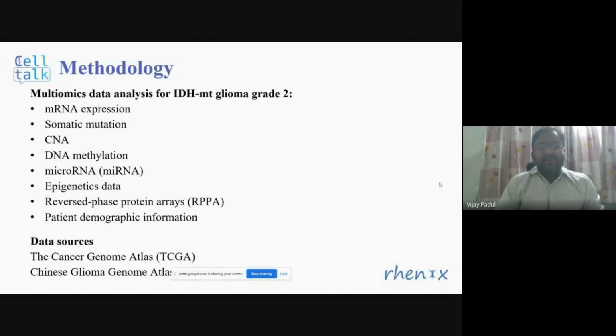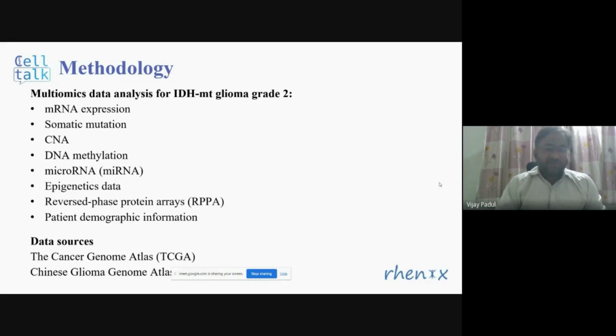Methodology. They performed multi-omic analysis. That included mRNA expression, somatic mutation, copy number alteration analysis, DNA methylation analysis, microRNA signature analysis, and epigenetics data analysis.